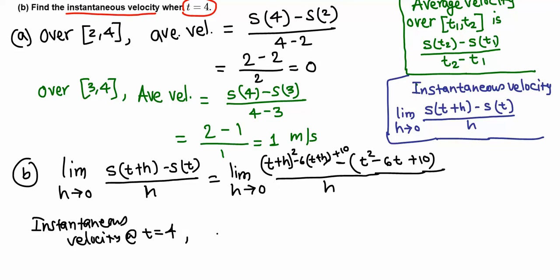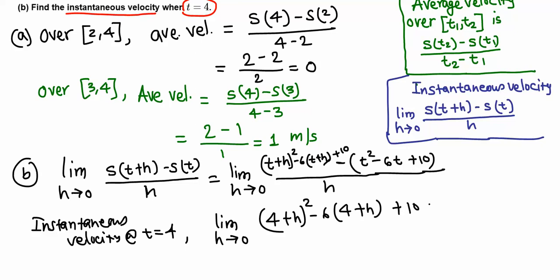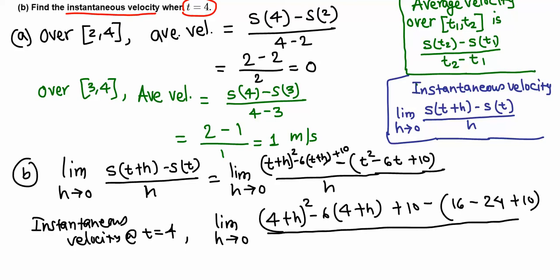So this will be limit h goes to 0, t is in fact 4, so 4 plus h quantity square minus 6(4 plus h) plus 10, minus, inside replace t by 4. 4 squared is 16, minus 6 times 4, 24, plus 10. Everything divided by h.